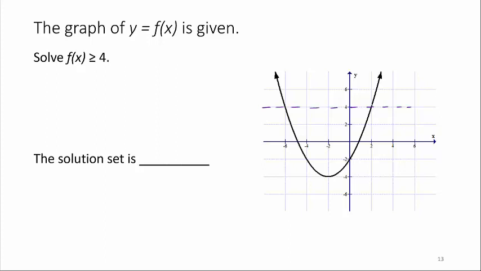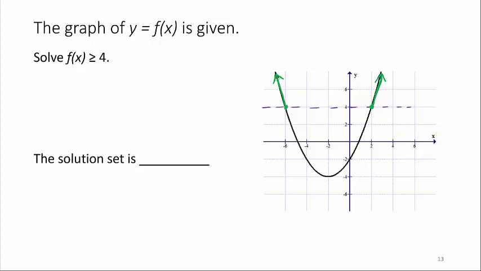I'm going to put solid dots right where it crosses the line y equals 4, and then shade everything above it, because we have greater than or equal to. The part that I'm shading in green is the part that lies above the line y equals 4.